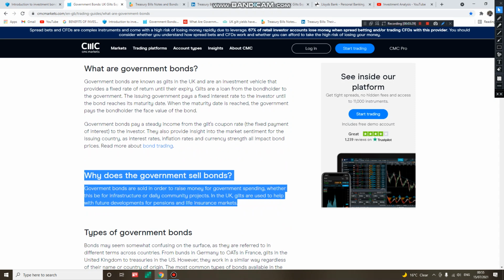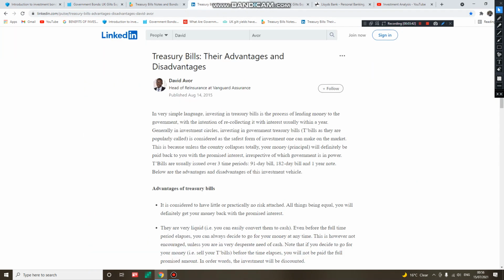Moving on. The question is, why should you include treasury bills in your portfolio, and how is the yield calculated? Okay, now stay with me. Let me explain it. You see, based on past and ongoing analysis, UK gilts or government bonds have yielded consistent, reasonable returns for investors and traders alike.